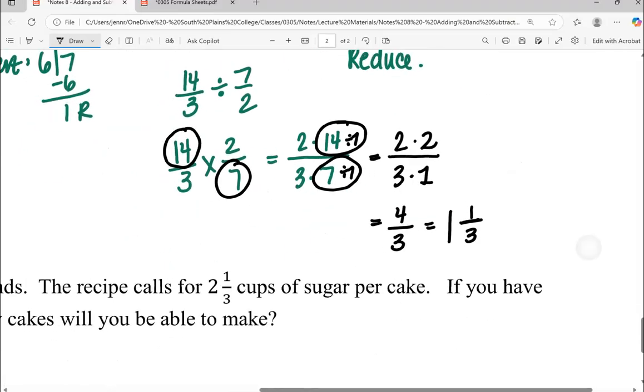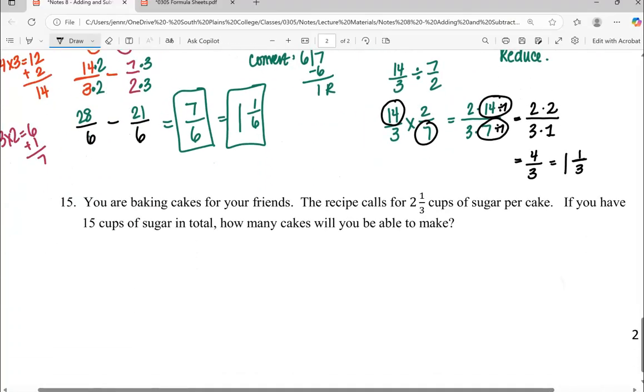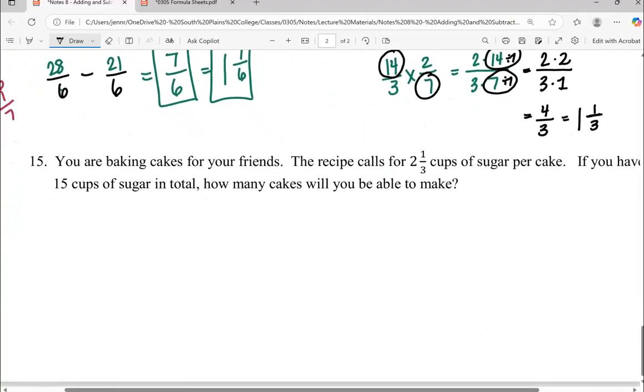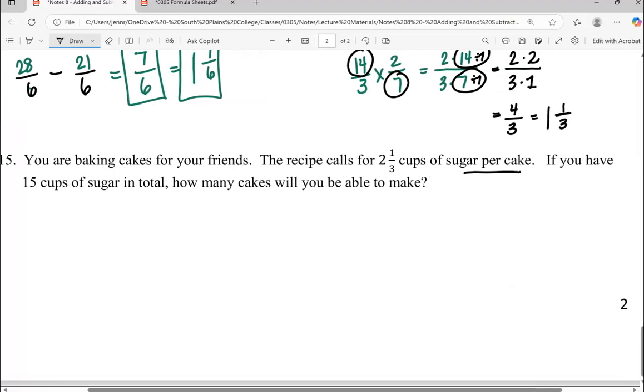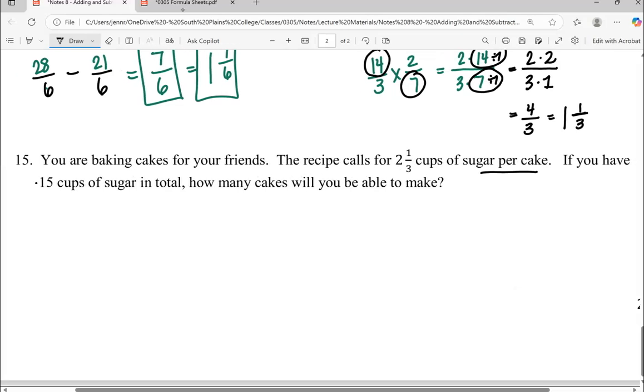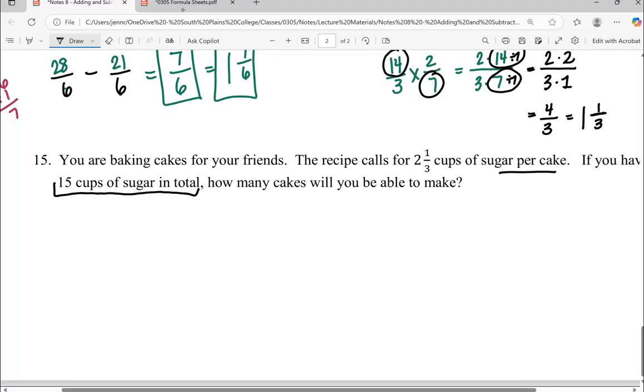All right, friends, last problem here. You're baking cakes for your friends. The recipe calls for 2 1/3 cup of sugar per cake. If you have 15 cups of sugar in total. My total is 15 cups. Then how many cakes will you be able to make?